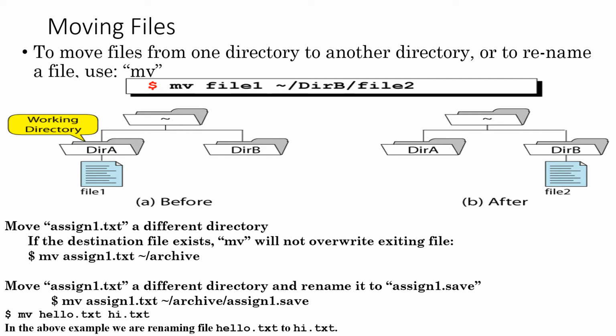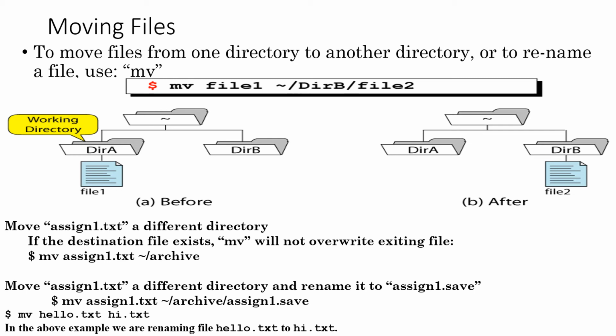For that we use the command mv file1 ~/directoryB/file2. This transfers the content of file 1 from directory A to directory B in the file file 2. The figure shows how the information is transferred from one directory to the other, the files of one directory to the file of the other directory.